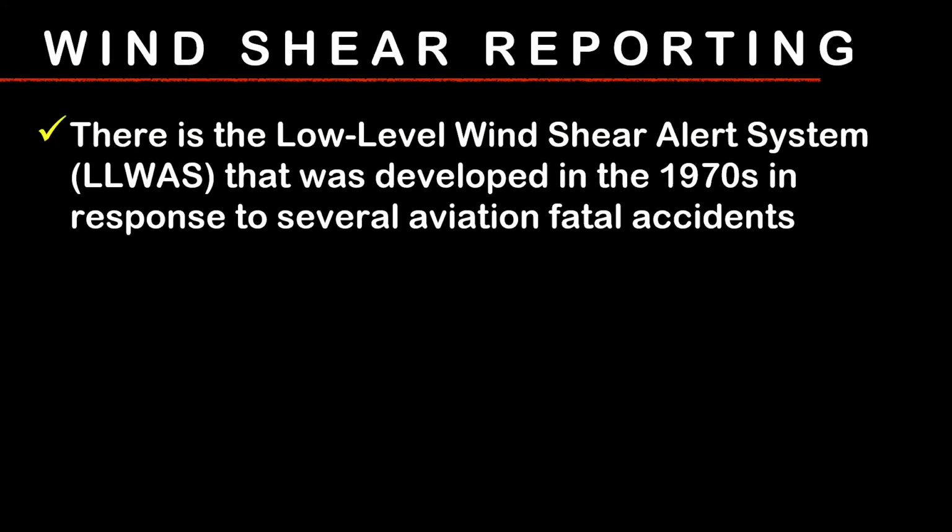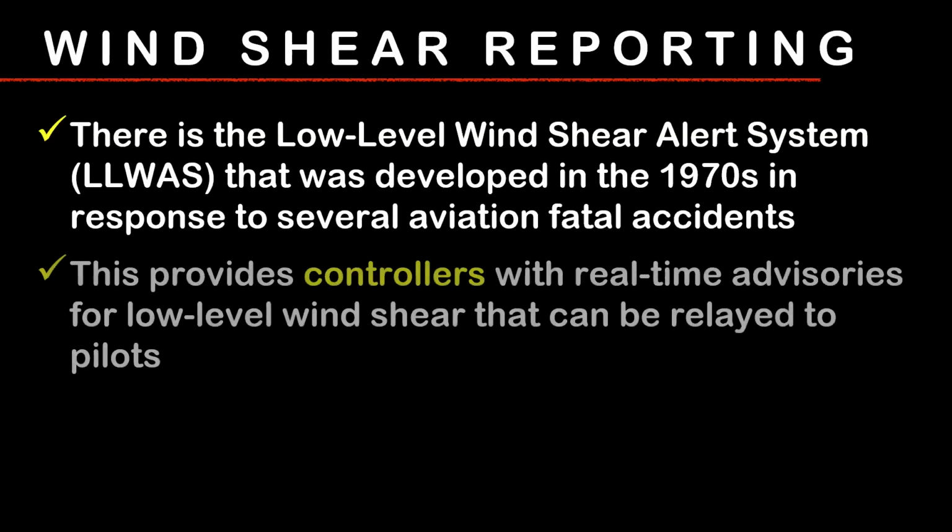However, they do have the capability at some airports, developed in the 1970s in response to several aviation accidents that were fatal in the commercial world, a low-level wind shear alert system. These are sensors spread in different parts around the airport, usually larger commercial airports, that can alert controllers anytime there's a wind shear event occurring.